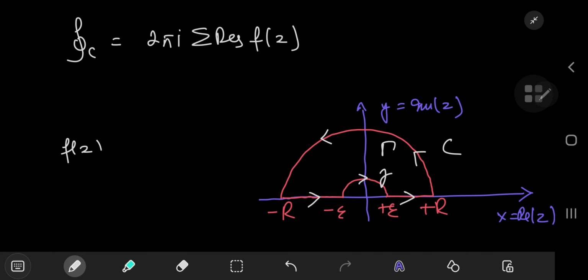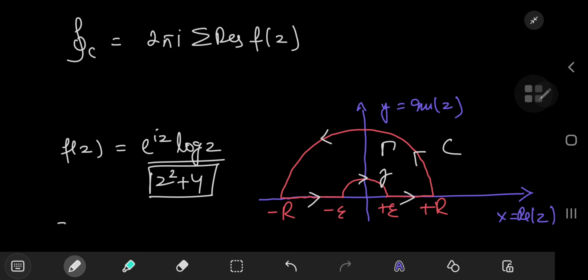So our function f of z was defined as e to the i z times log z divided by z squared plus 4. So the poles of the function are where z squared plus 4 equals 0, which implies that z equals plus or minus 2i. And our semicircular contour is in the upper half of the complex plane, so it only encloses one of these two poles.